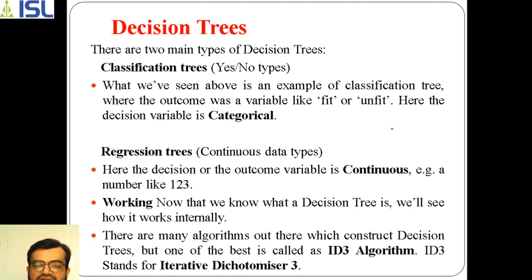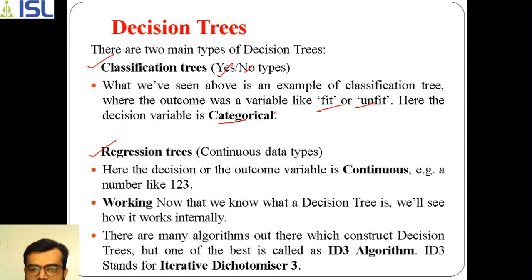So decision trees, as I said, are used in the classification process of supervised learning, and also in regression. In classification, it gives only two values, either yes or no. The example we saw previously, fit or unfit, is a classification problem. That means the result is categorical.